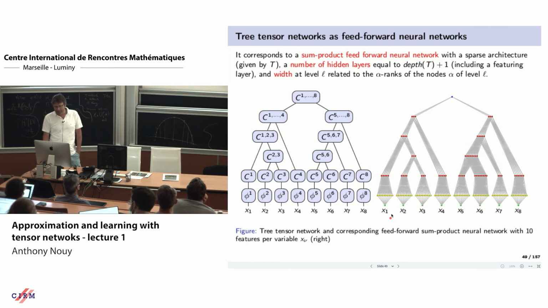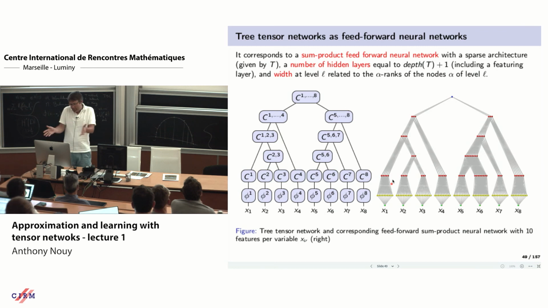These are called sum product neural networks, where the activation functions in the networks just do multiplication and sums. Okay, you take entries of a neuron, the neuron just has the action of taking products of the entries and making summations. So if I take this tree tensor network here, with at the bottom the feature map associated with the different variables, the graphical representation of the corresponding neural network is the following one, which is highly structured.